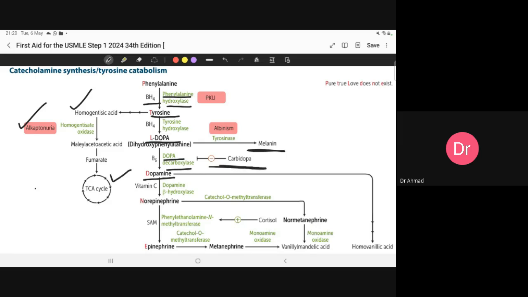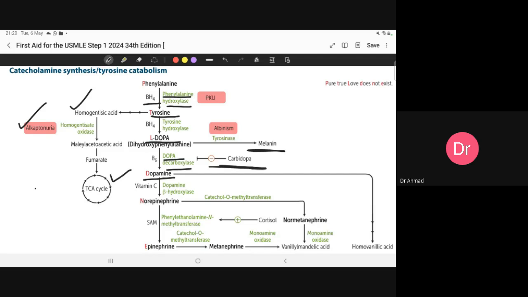Why do we supplement this drug? Carbidopa decreases the peripheral conversion of L-dopa to dopamine, so that dopamine can go into the CNS and help with Parkinson disease. That way it is not all metabolized peripherally.